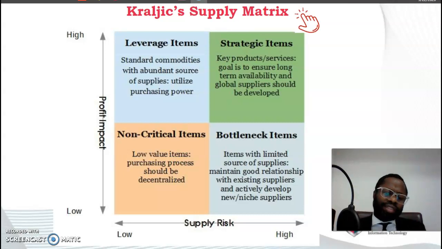It is an important lesson that just because you have leverage in a market, it might not mean that in the long term, or at any given time, profit impact will not be a problem. For example, if there's a major shortage of a particular raw material that many of those suppliers use, in that leverage quadrant, it can threaten your supply chain.